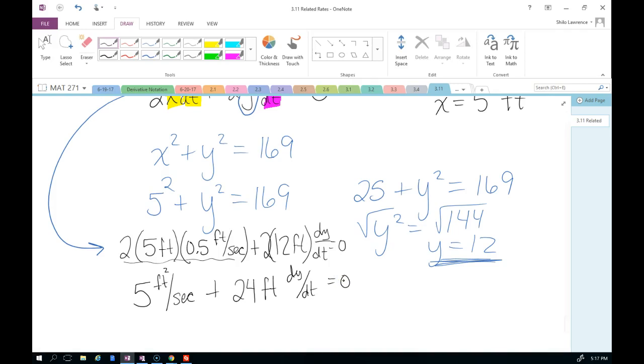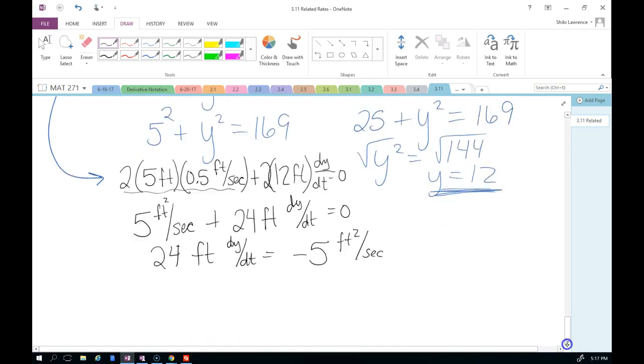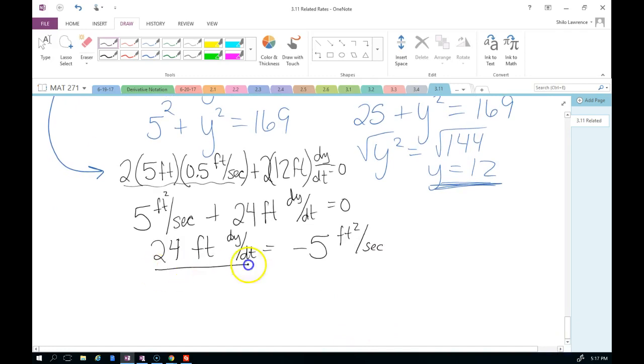I'm going to subtract my 5 over. I get 24 feet dy dt equals -5 square feet per second. And then I can divide my 24 feet over.